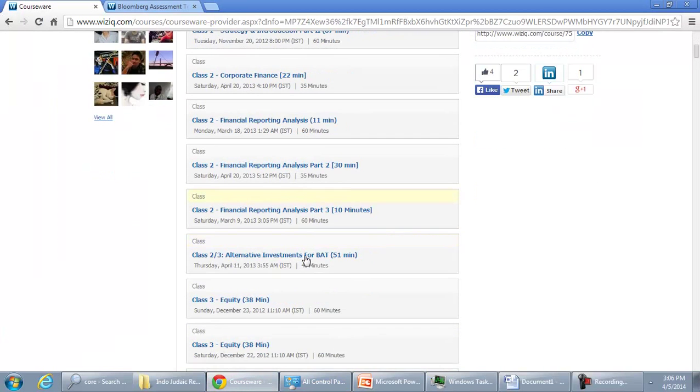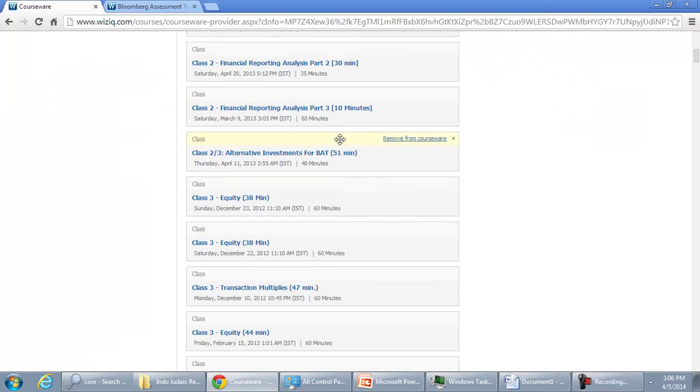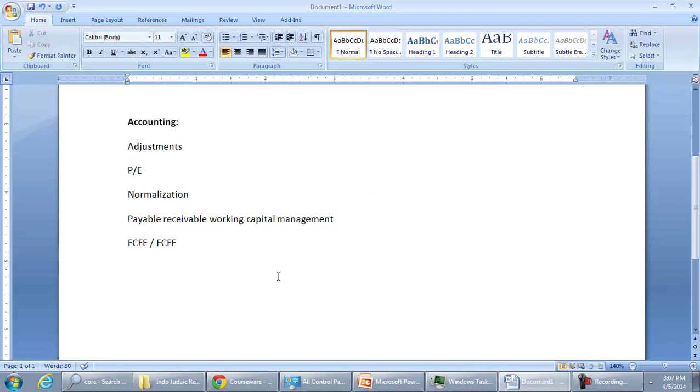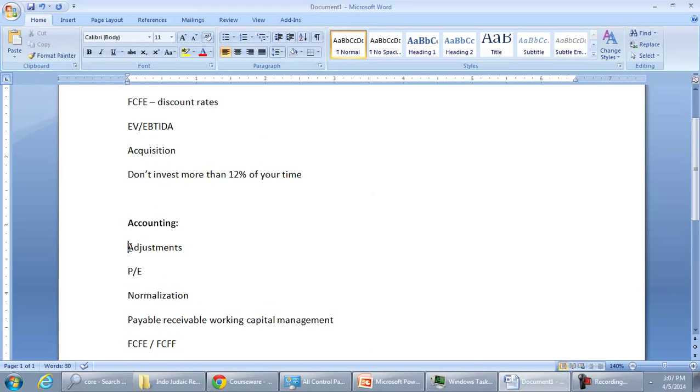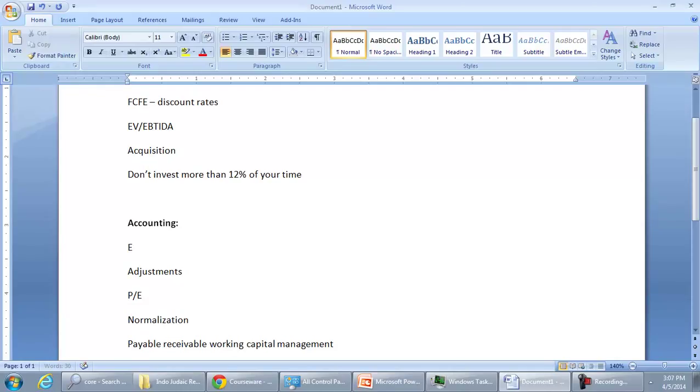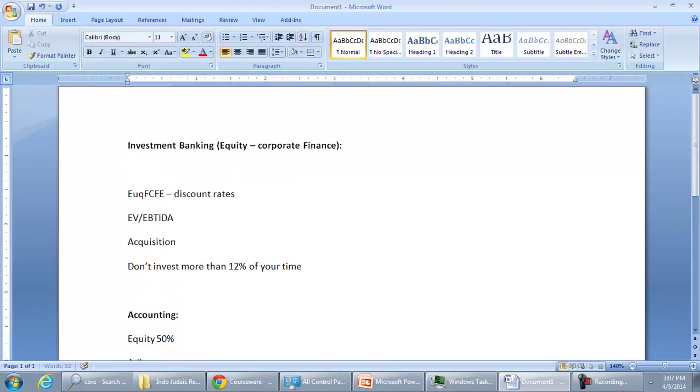Now if we link it with this course, you see the financial reporting analysis, the equity. So equity will come again under both of them, but if we were to broadly classify, equity will come like 50% here, and equity will be 50% here.